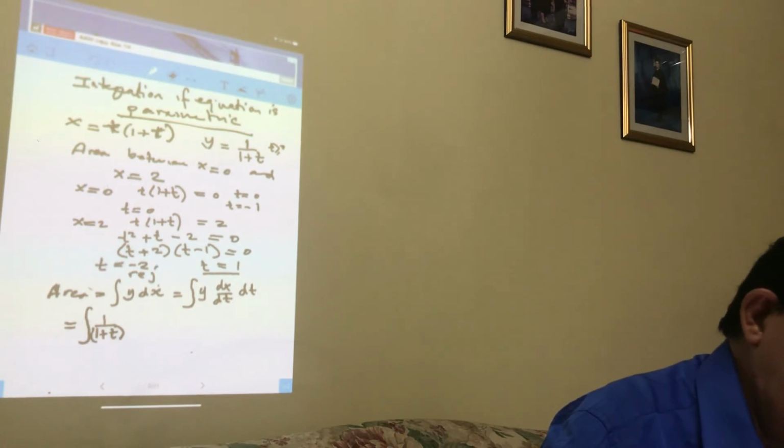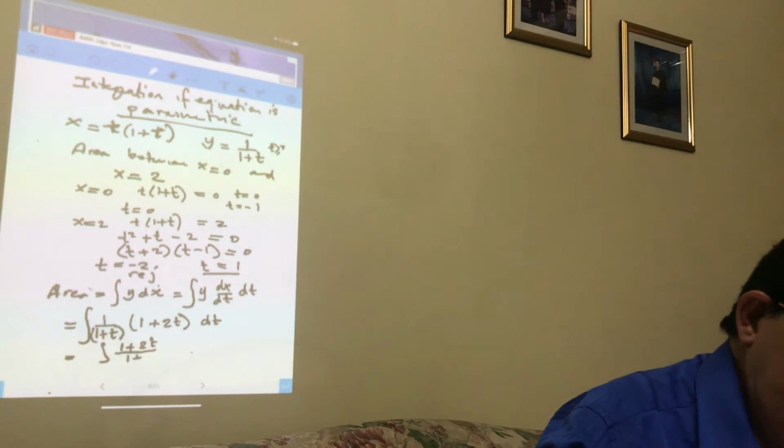We differentiate x equals t plus t squared, and the differentiation is 1 plus 2t dt. Therefore, we have to integrate 1 plus 2t over 1 plus t dt.